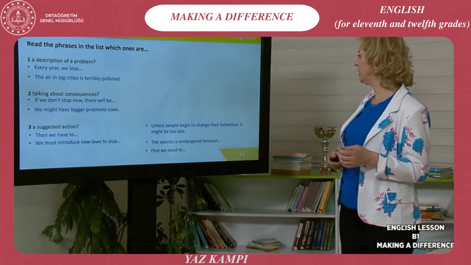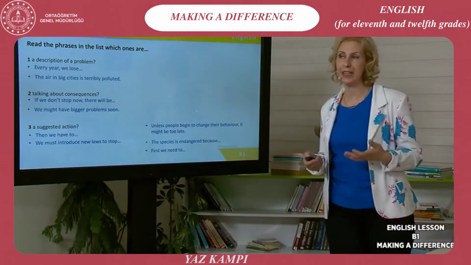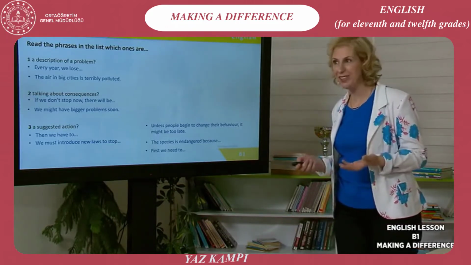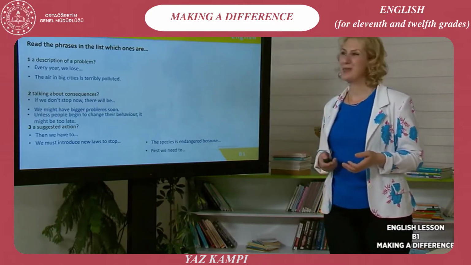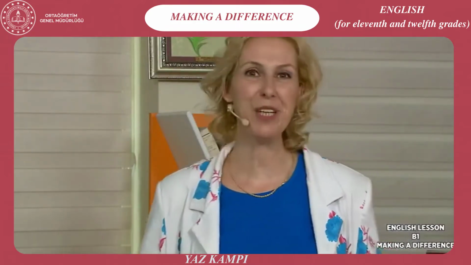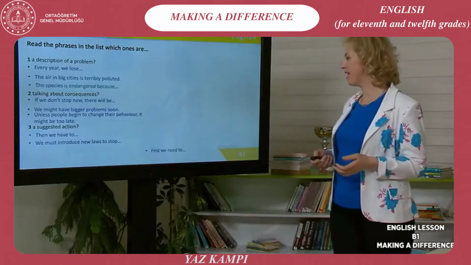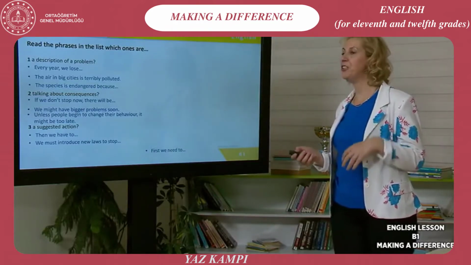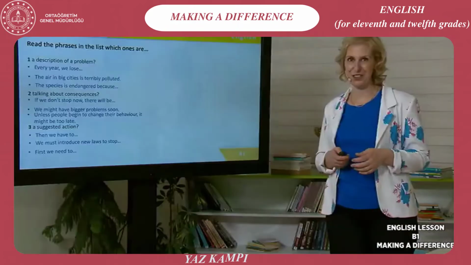"Unless people begin to change their behavior, it might be too late." This is what? Yes, of course, this is talking about consequences. "The species is in danger because," yes, a description of a problem. "First, we need to," yes, very good. This is a suggested action.